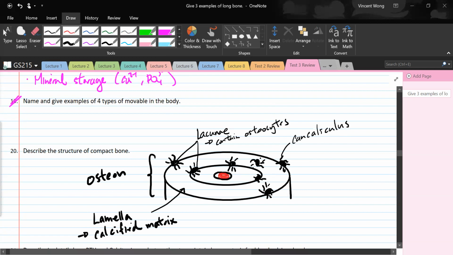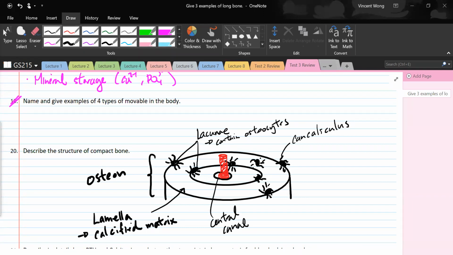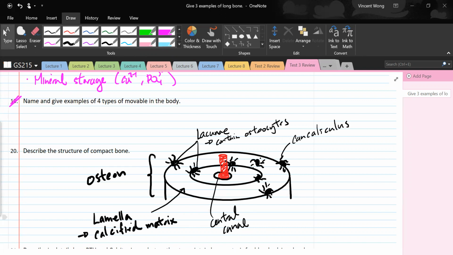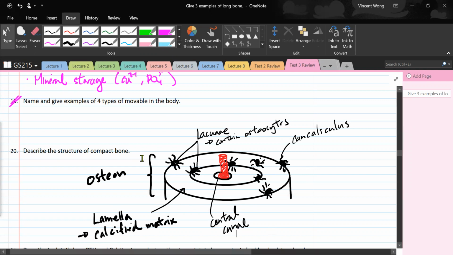And here is the blood vessel that will be coming out from the central canal. Those are the key features, and you should be able to identify them. I think there was a picture in lab number 3 as well that shows you an actual bone slide. You should go through that and make sure you can identify the real thing.